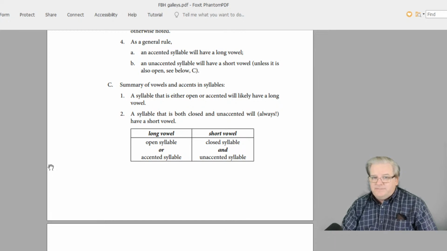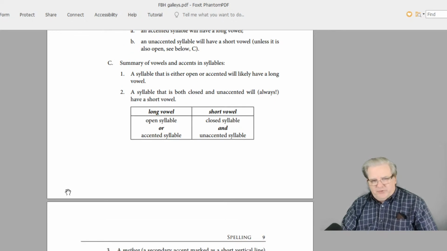This is such an always rule that if you get it wrong on the rare occasion that it's not true, you'll still make 100%. How's that possible? Well, it's new math. Anyways, it's just so. A syllable that is both closed and unaccented will have a short vowel.